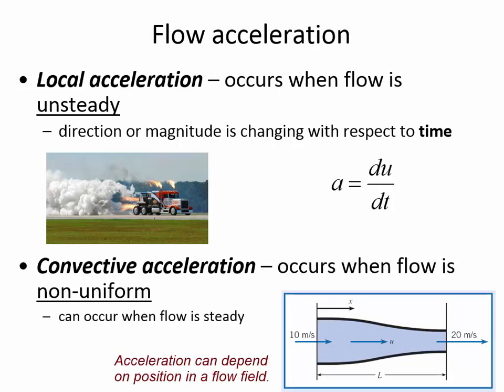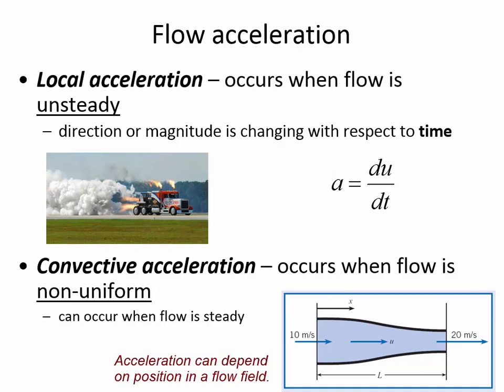The other kind of acceleration, and we're going to be spending most of our class period today talking about this, is convective acceleration. And at first glance, it's not immediately clear how that's even acceleration, at least not from the conventional viewpoint that we usually have coming from physics, where we think about acceleration in terms of time.